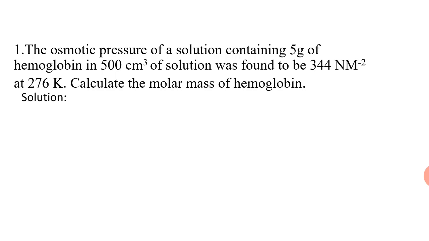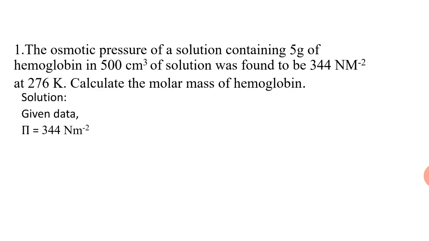First read the sum. The 5 gram of hemoglobin is W2, the weight of solute. Volume is 500 cm cube. Osmotic pressure is 344 Newton per meter square, and temperature is 276 Kelvin.